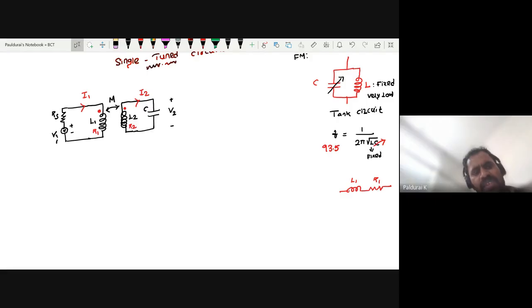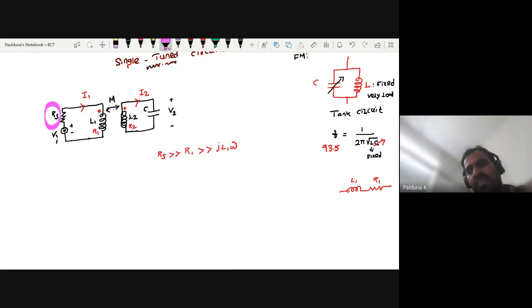Here the very first assumption, please make this RS, the source resistance, which is very, very greater than the internal resistance of coil 1, and this internal resistance of coil 1 is very, very greater than the reactance of the inductor.